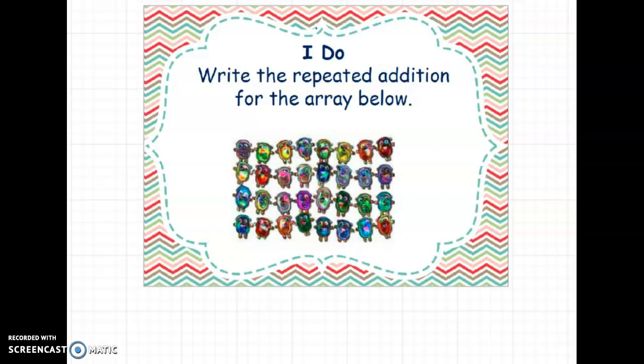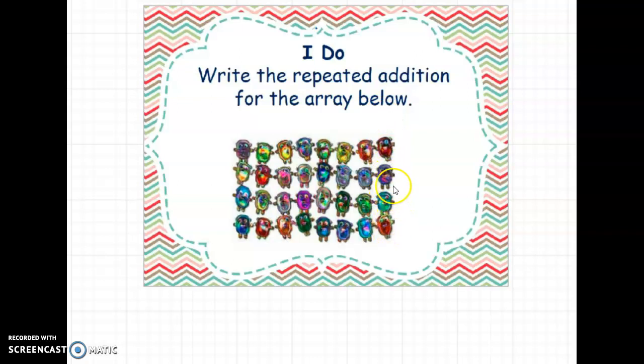The first thing we're going to do is count how many rows and columns we have. I can see here that we have 1, 2, 3, 4 rows, and 1, 2, 3, 4, 5, 6, 7, 8 columns.